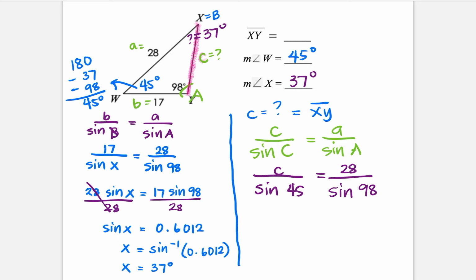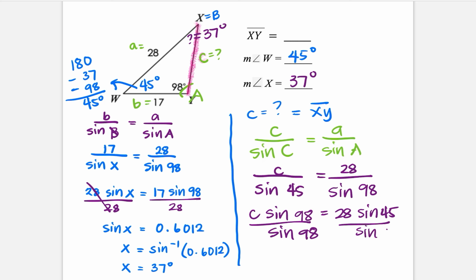All right, let us cross multiply. So we will get C times sine 98 equals 28 times sine 45. Dividing both sides, we're going to divide by sine 98 because we want to get C by itself.